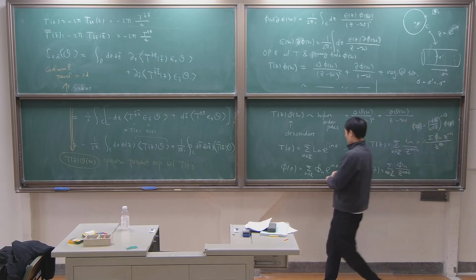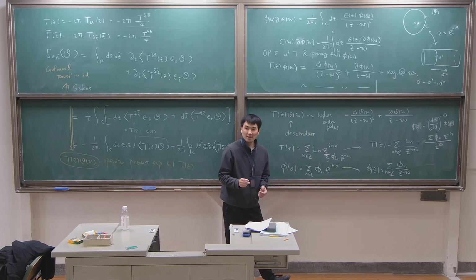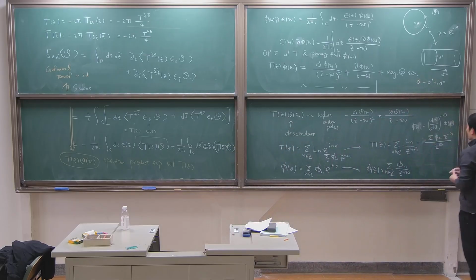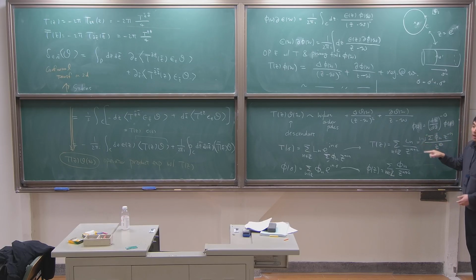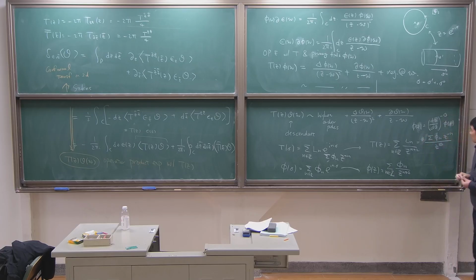This one is equal to the sum of phi_n z^{-n}, right? Is it okay? Because I use this definition. And dz over d sigma, up to some constant, something like minus i z will show up because of this. But I don't care about this constant.